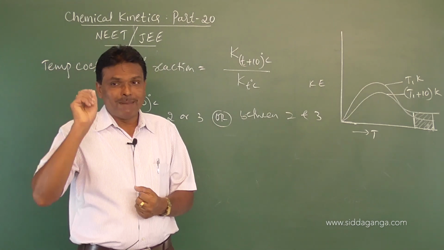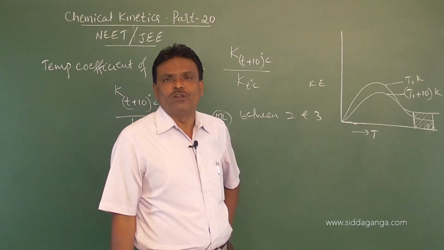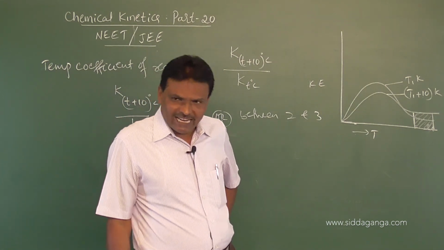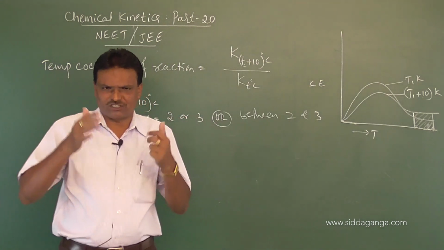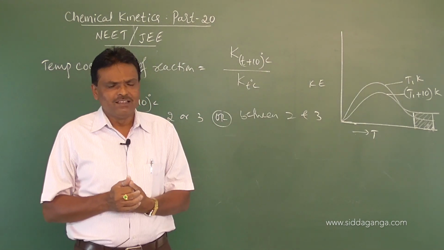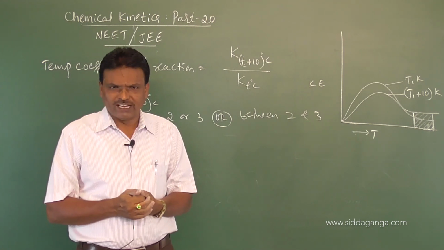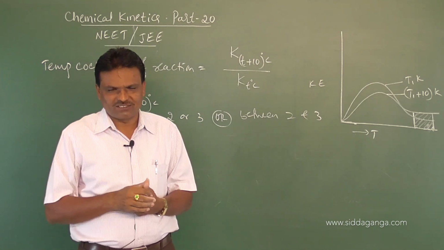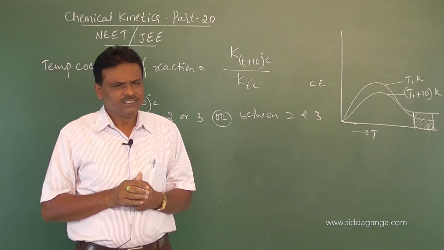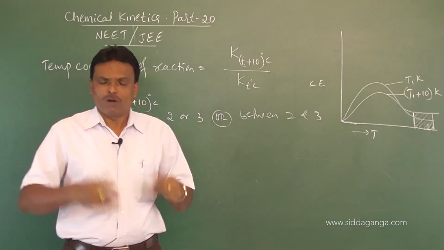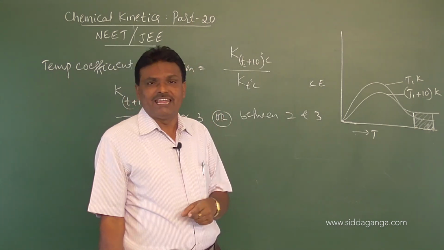Then the maximum fraction of molecules having energy equal to or greater than the threshold energy, then the reaction starts. They undergo effective collision to give the products. Is it clear? So what is meant by the most probable kinetic energy? Kinetic energy possessed by the reactant molecules.